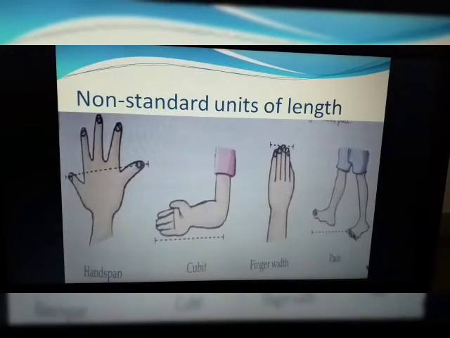Long back, do you know how people used to measure the length of objects? They use their arm, palm and feet to measure the length of the object like hand span, cubit, finger width, pace, etc. But these methods never give the accurate results. Imagine I am buying a new front door for my house.